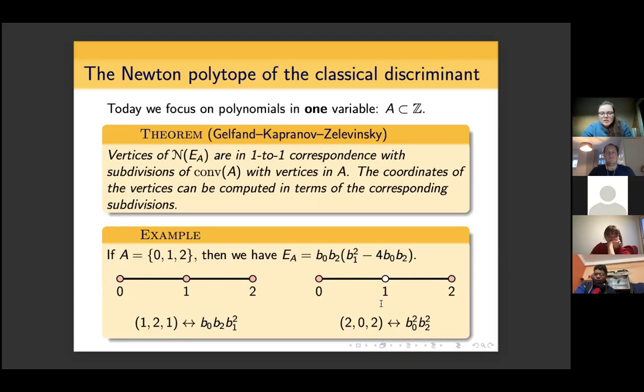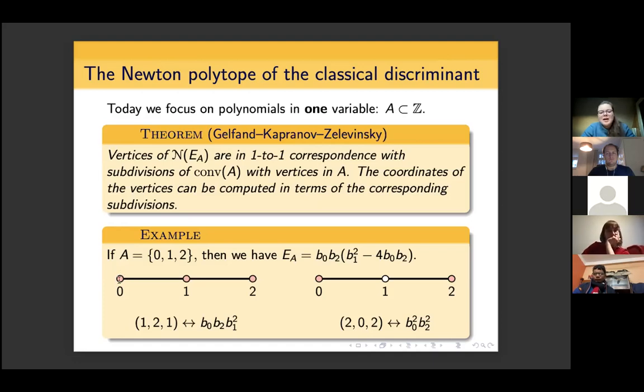Looking at these subdivisions, we can produce the coordinates of the vertices. Let me show you how. So in this case, say we have 3 elements in the set. Therefore, we will have 3 coordinates of the vertices. Our polytope is going to be in 3-dimensional space, as we have discussed before. So we look at the leftmost point, 0.